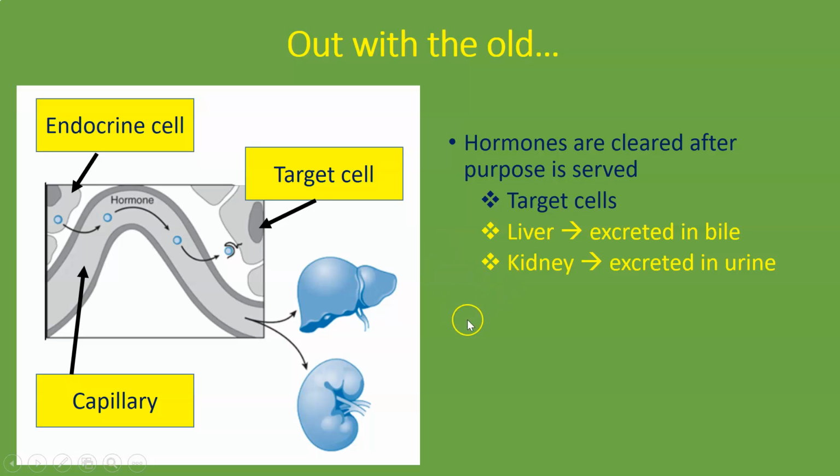Hormones are going to be cleared from the blood and from around cells after the purpose is served. This is going to happen at target cells where they can degrade those hormones. The liver is going to help by excreting hormones in the bile, and the kidney by excreting hormones in the urine.